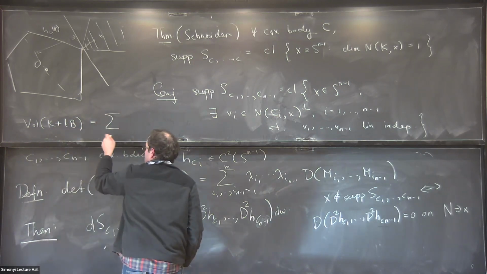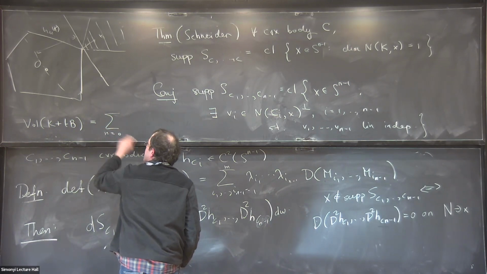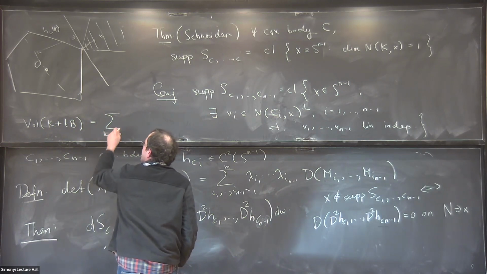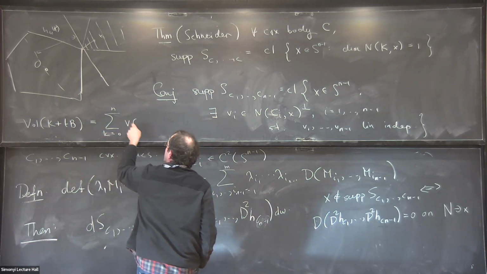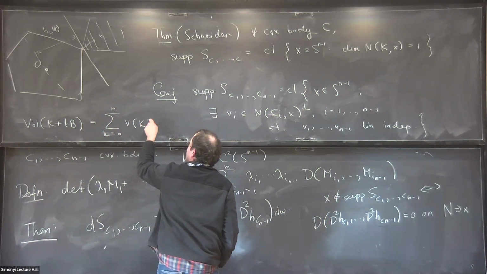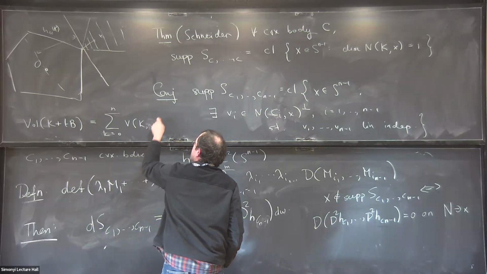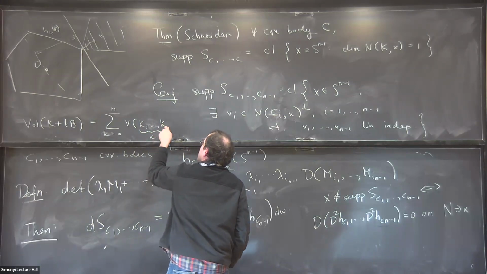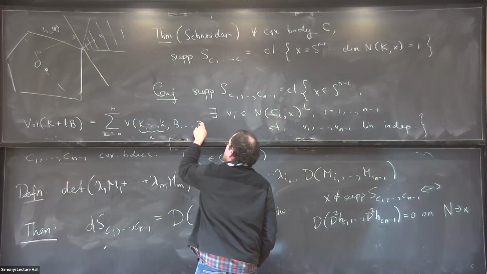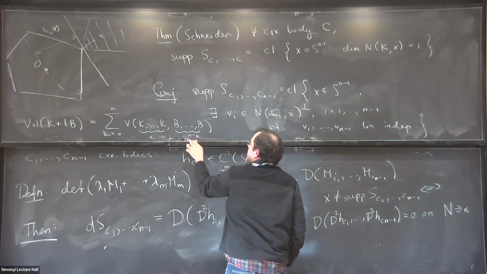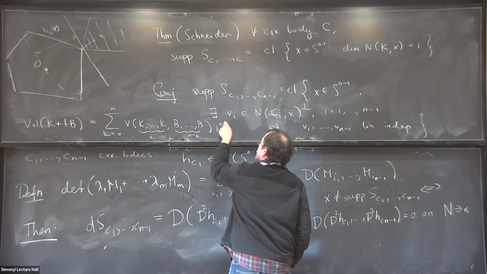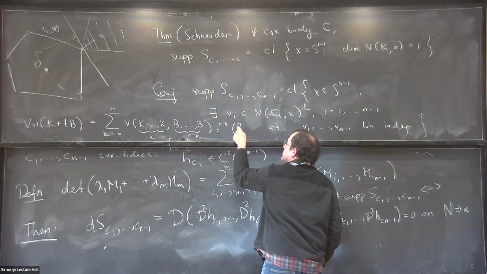I'll probably do it wrong, but it's the sum for k equals 0 to n. So we have the mixed volume of K, k times, and the Euclidean ball, n minus k times. Then we have t to the n minus k, then n choose k.